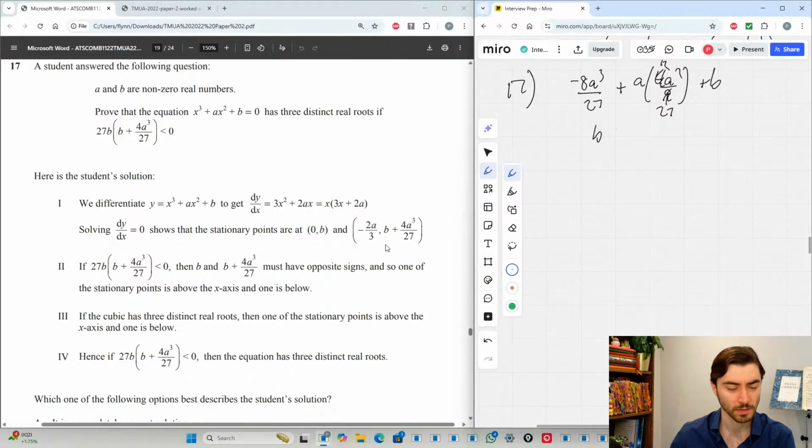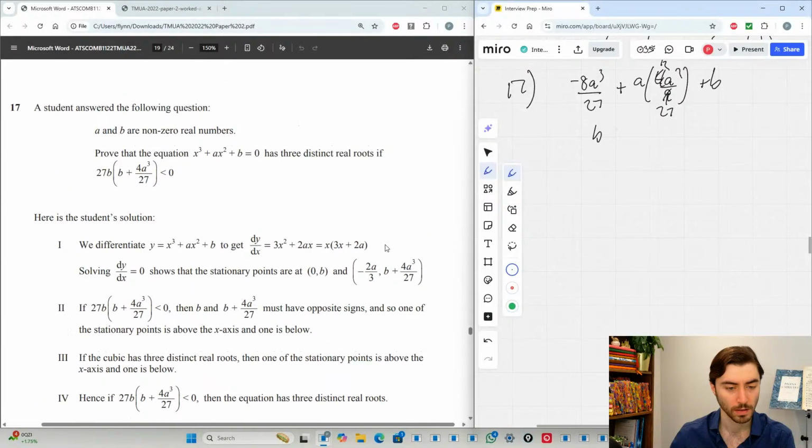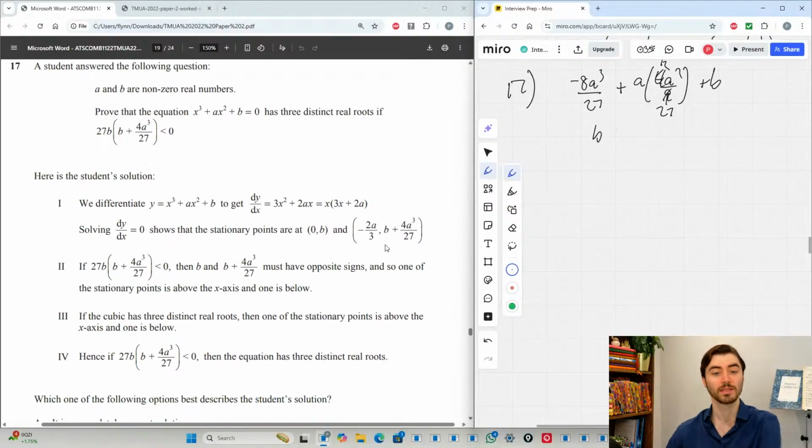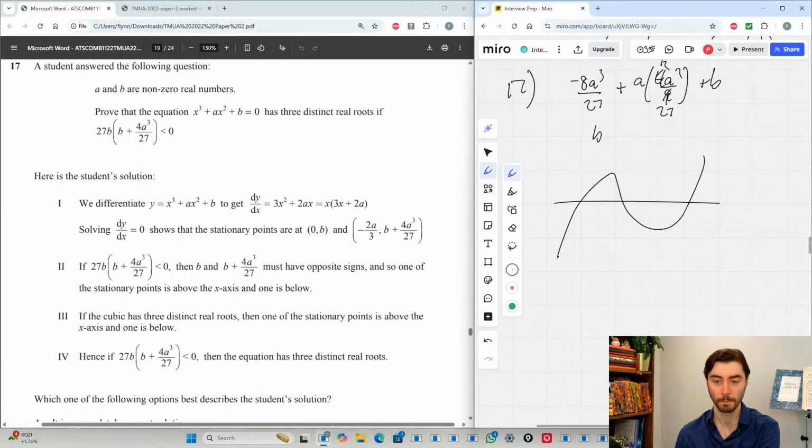So if this minimum point, hang on a minute. This depends on the sign now, because we don't know which of those is max. The one that comes first is the max. So we know it's a cubic, so the one that comes first has to be a maximum. But if A is positive, then this one comes first.